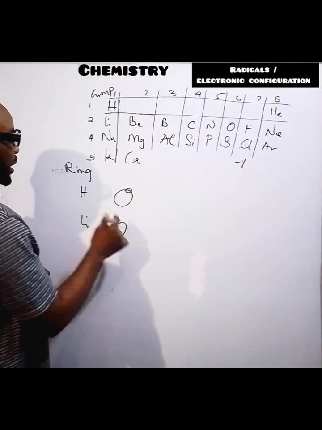What I am interested in showing you here is how these electrons are filled into the orbitals. There's a rule that tells us that electrons are filled into the orbitals singly first before pairing takes place.